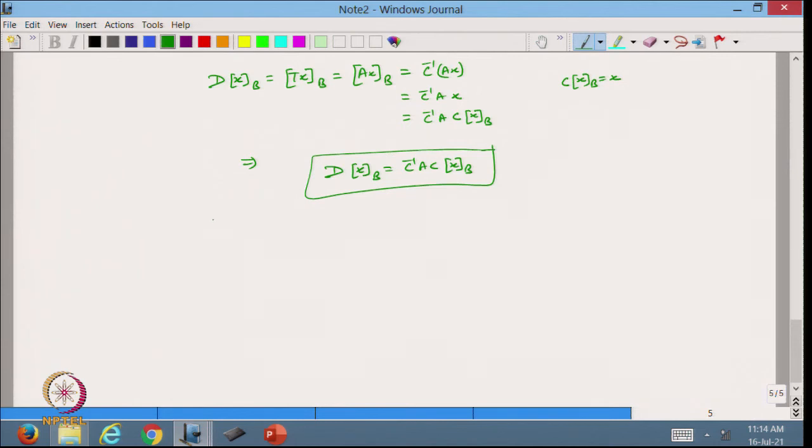Now, from here I can write that D is equal to C inverse A C, because this is true for all x belongs to R n. From this, I can write that C D is equal to A C, and from here I can write that C D C inverse is equal to A. So, in both ways I can write like this.